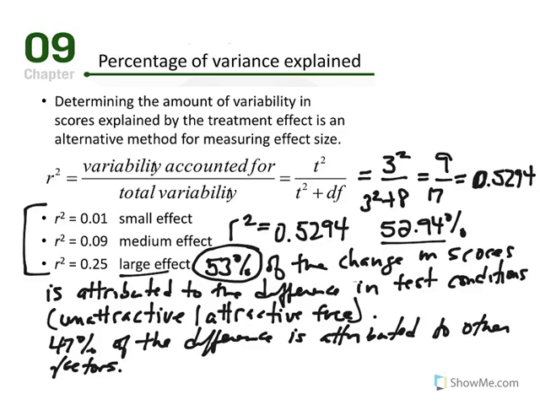So again, this is an additional measure of effect, and we'll see it used in the different t-tests. We can calculate it with a single sample t-test, or in Chapter 10, when we learn about the t-test for independent samples, and then in 11 for repeated samples t-test.